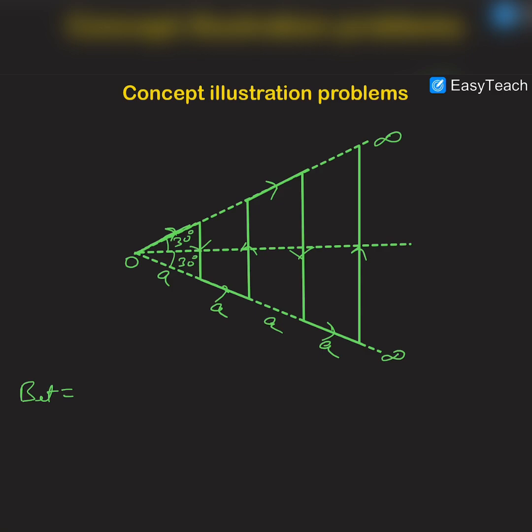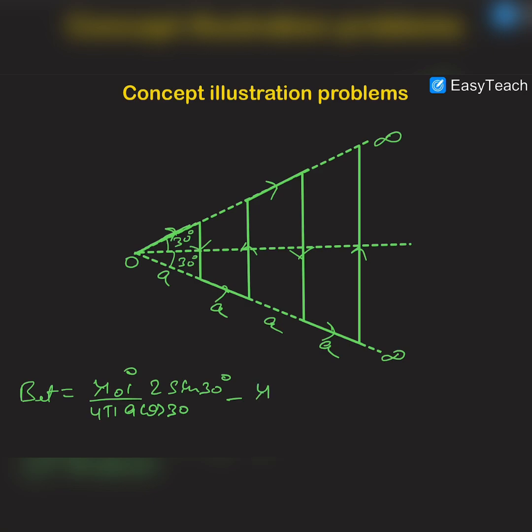So net B will be equal to the B due to this first wire, which has the direction inside the plane. So B will be mu naught I by 4 pi D. Now D is A cos 30, and the two angles are 30, so it would be 2 sine 30, minus the magnetic field due to this wire, which will be outside the plane, and the only difference is the distance, which is 2A in this case.